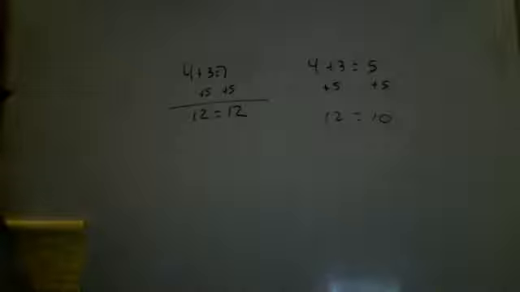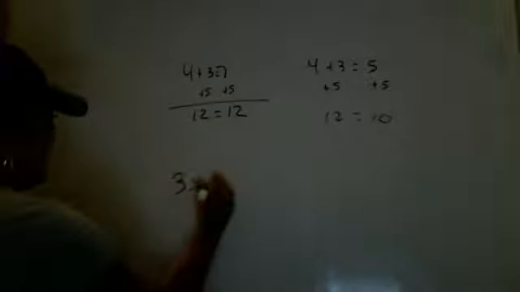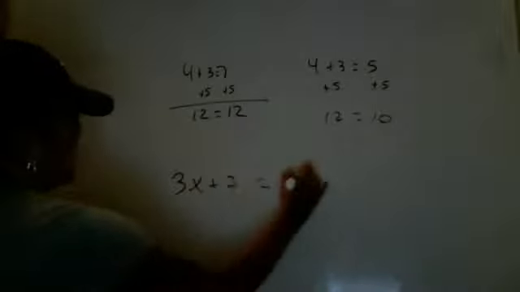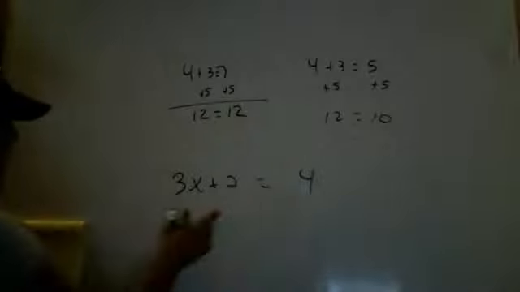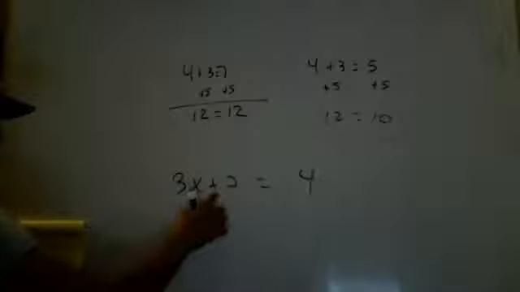Same thing holds true for multiplication and division. If you multiply every term on both sides, because you can have 3x plus 2 equals 4. You have one term over here. How many terms do you have here? You have two. A term is separated by a plus or minus.